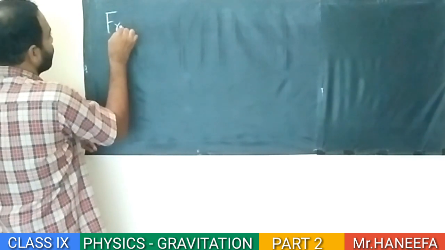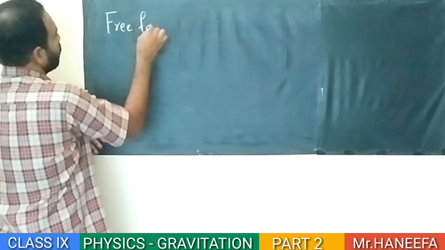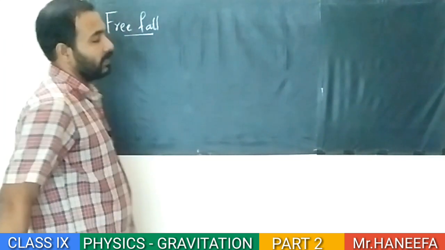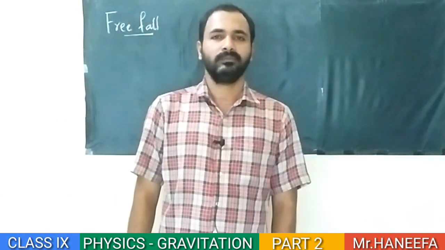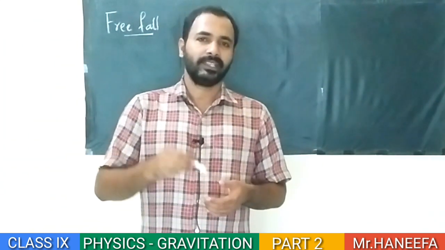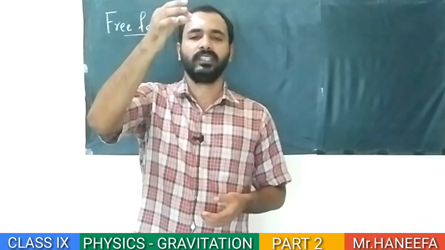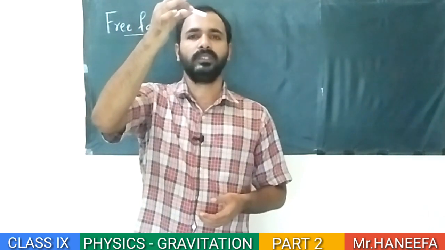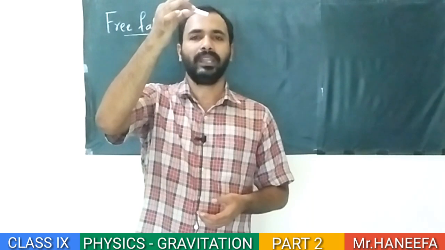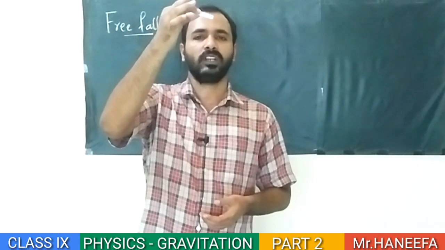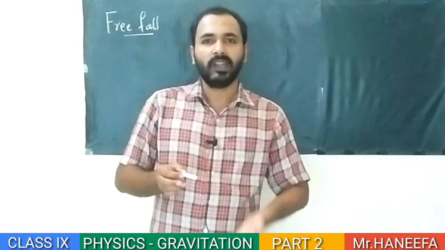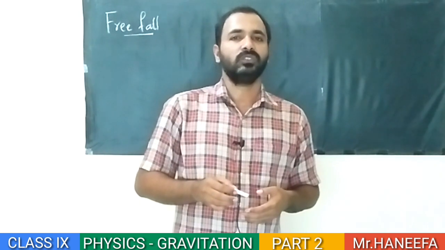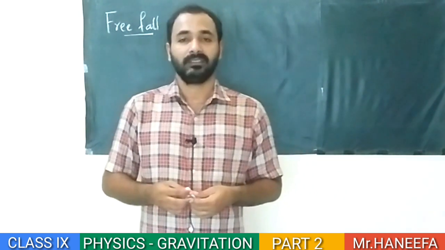Next term is free fall. What is the meaning of free fall? Okay, we know, for example, if this chalk is dropped from a height, what happens? This chalk falls towards the earth due to the attraction of the earth.